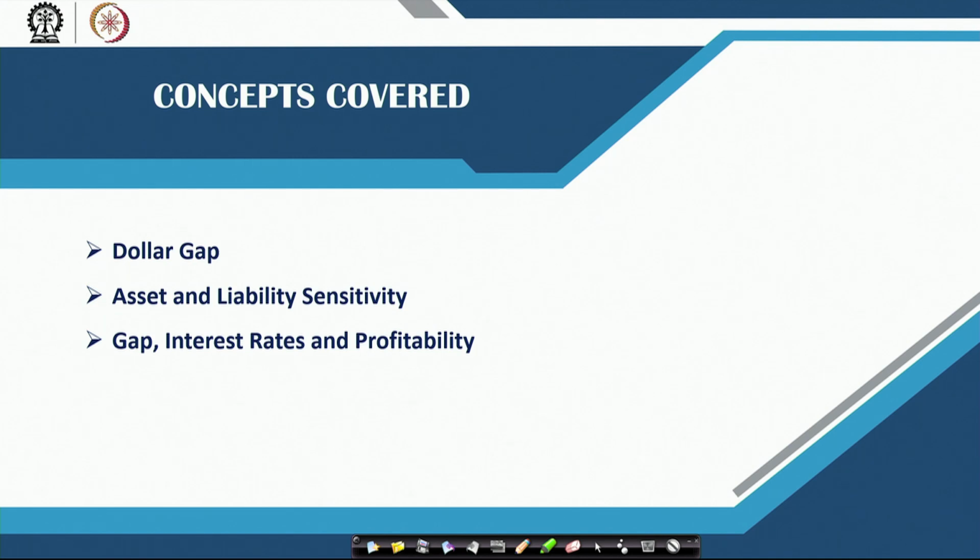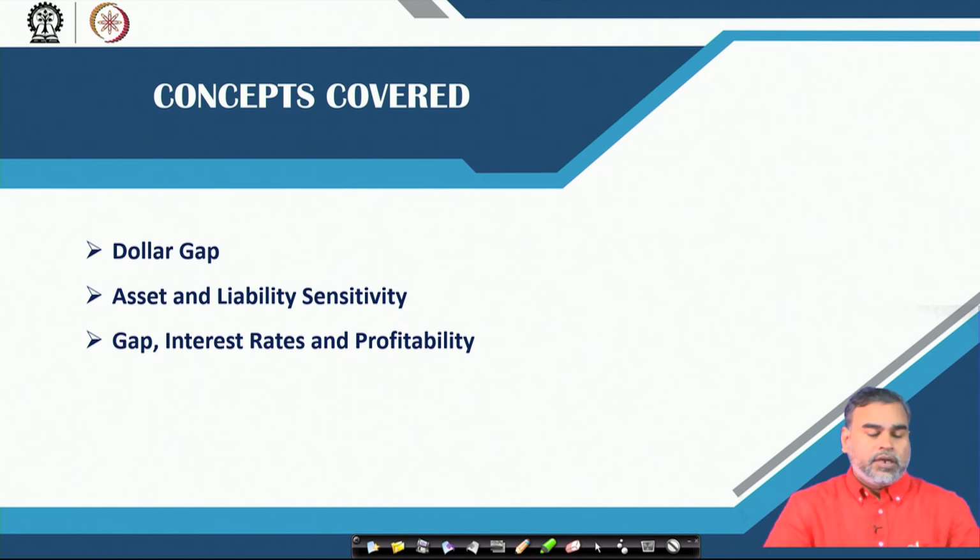Then we will discuss asset and liability sensitivity with respect to changes in interest rates, and depending upon the dollar gap, how the net interest income or the profitability of the commercial bank is going to change. That is the major focus of today's discussion.